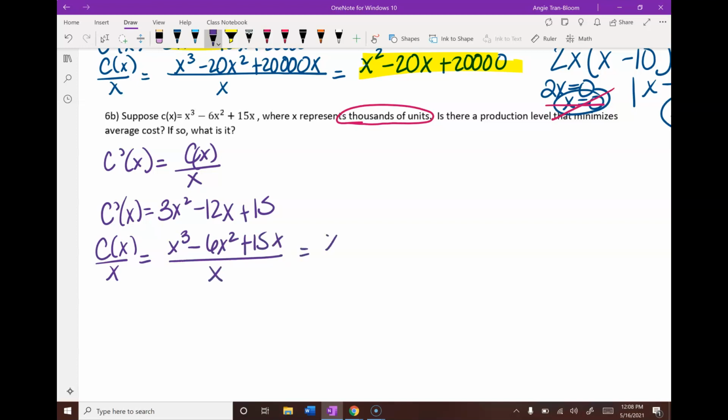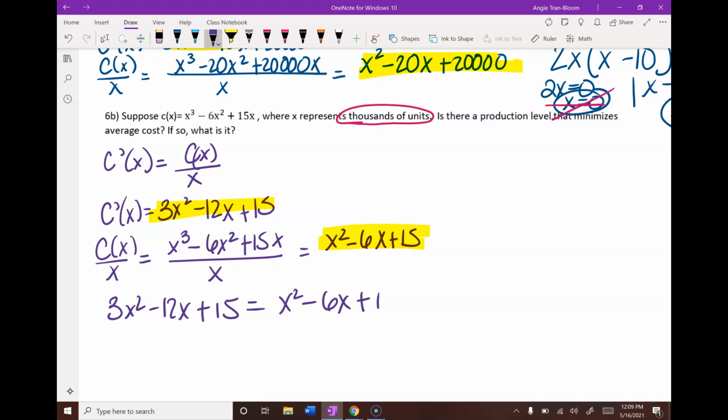That will reduce down to x squared minus 6x plus 15. Take these two and set them equal to each other. So that's 3x squared minus 12x plus 15 equals x squared minus 6x plus 15.